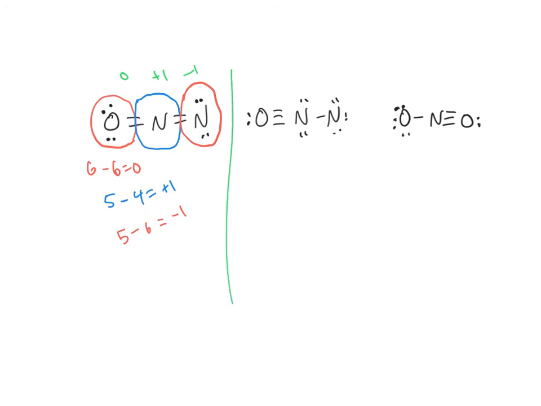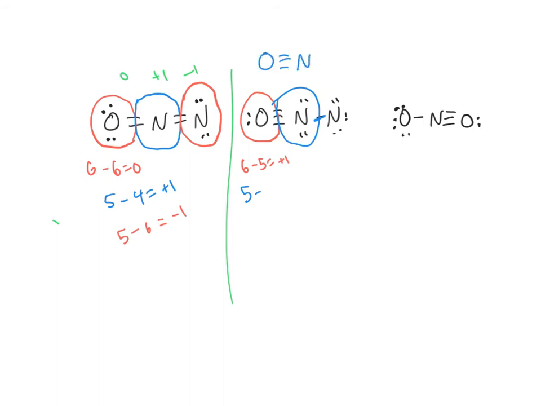All right, for the next one, you cut your triple bond in half, so there's 3 on the inside, 3 on the outside. So oxygen by itself is 6. You're subtracting a total of 5 inside the circle, so that's going to be plus 1. Nitrogen here, 5 minus... no, that can't be right. I've got a mistake here. There are no lone pairs on that one. Oh, I can't get rid of them. Sorry.